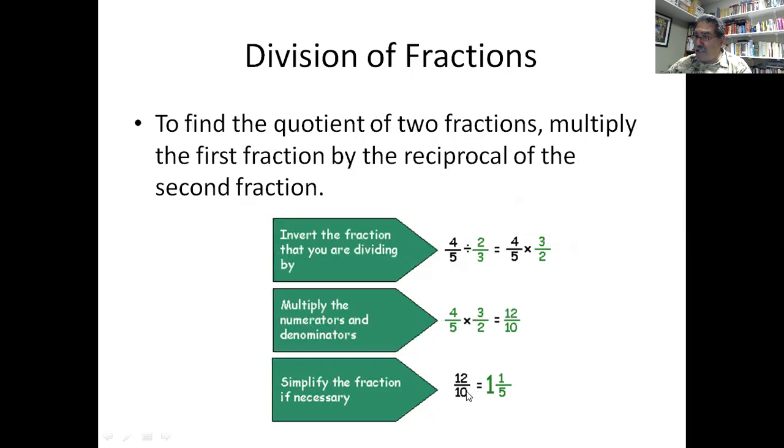You can simplify it if it's necessary. 12/10 becomes 6/5, and 5 goes into 6 1 time, remainder 1. The remainder goes here, the denominator is the same, and the quotient comes here.